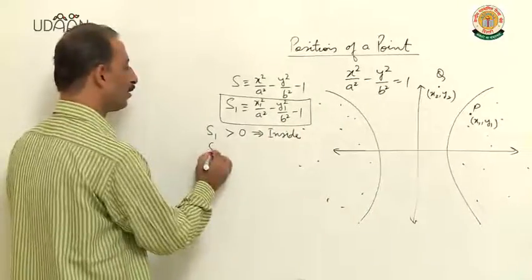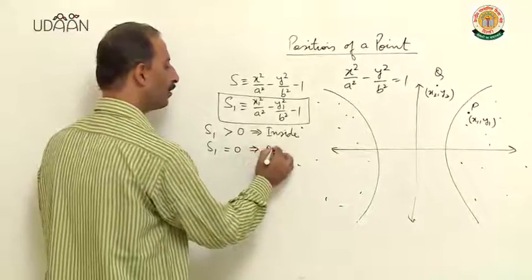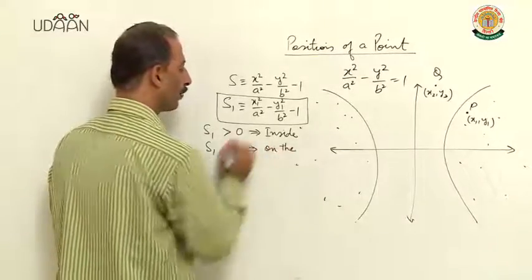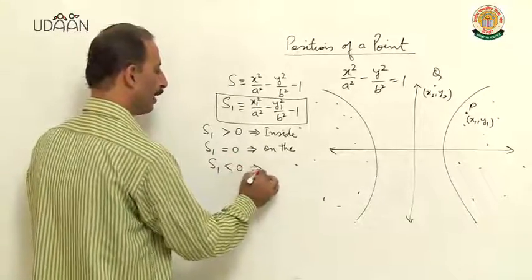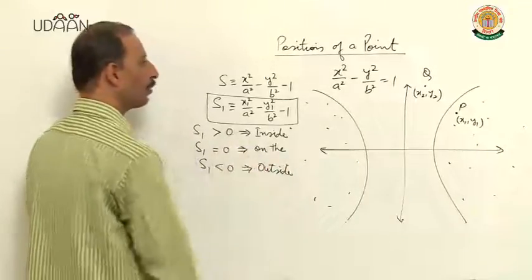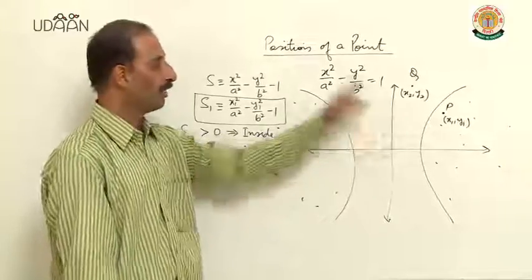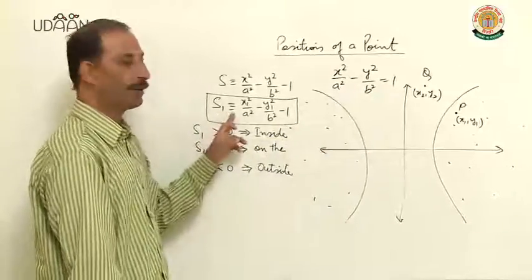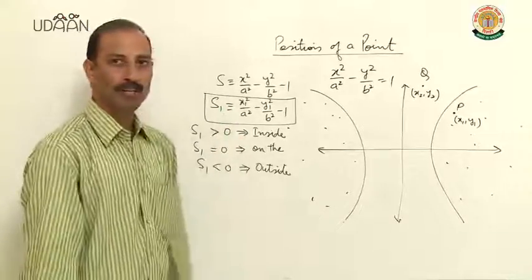If S1 is 0, then the point lies on the hyperbola. And if S1 is negative, then the point lies outside the hyperbola. So by substituting the values of the coordinates in the equation of the hyperbola, you can decide the position of this point.